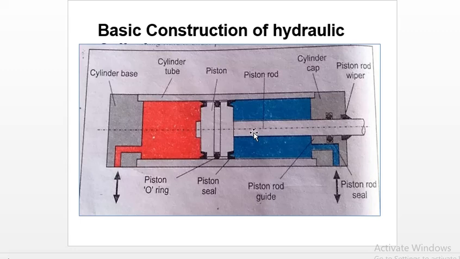So the area is not the same, so obviously the pressure developed by the cylinder at each side will be different. Due to the pressure difference created in that cylinder because of the difference in area, it is called a differential actuator.